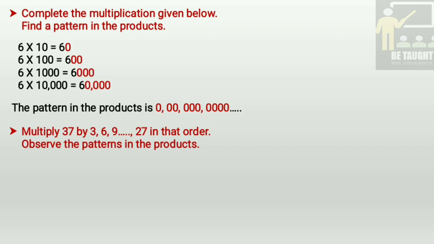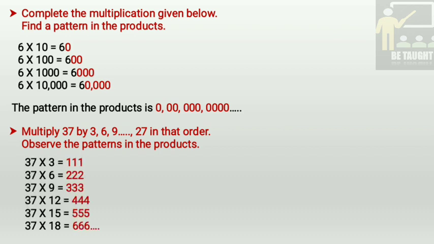The next sum: multiply 37 by 3, 6, 9, and so on till 27 in that order. Observe the patterns in the products. If you multiply 37 by 3, you will get 111. 37 multiplied by 6, you will get 222. 37 nines is 333. 37 12s is 444. 37 15s is 555. 37 18s is 666, and so on it repeats.